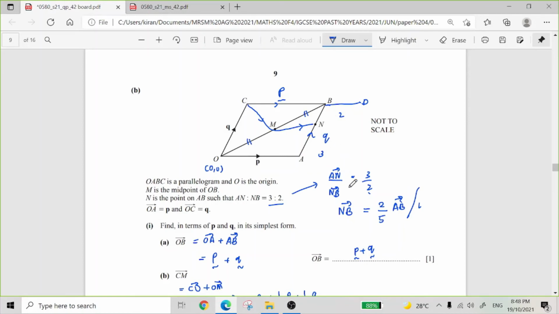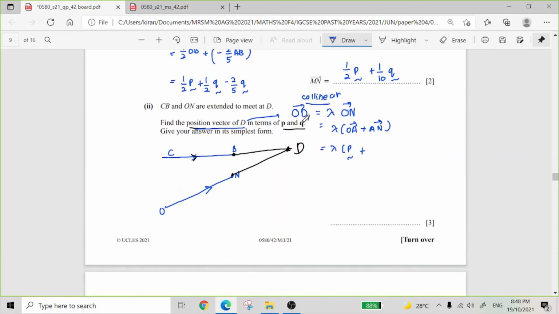So AB is Q, so 3 over 5 Q. So this is the vector for the first one, OD. But this is not finished yet, because we don't know the value of the scalar multiple. So we have to find the value of that scalar multiple first.